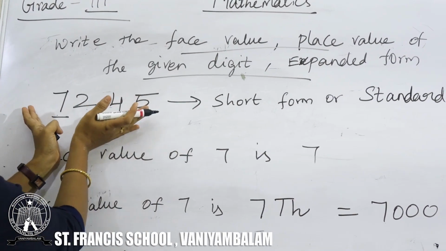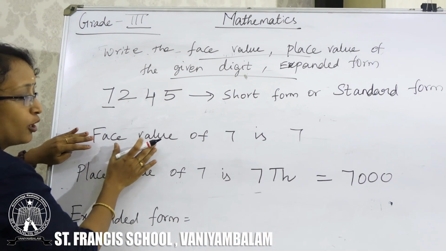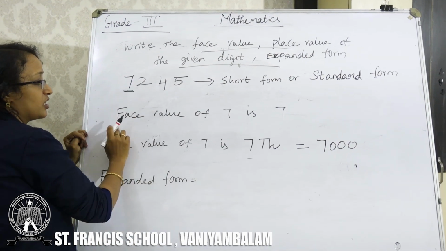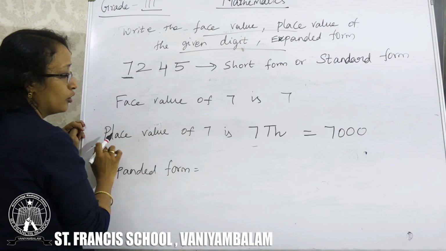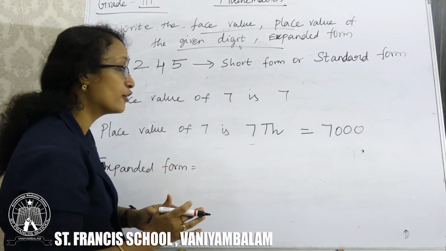So first the question given is in standard form. From the standard form, one digit is underlined. For that digit you have to find the face value and place value. Next I am going to find the expanded form.